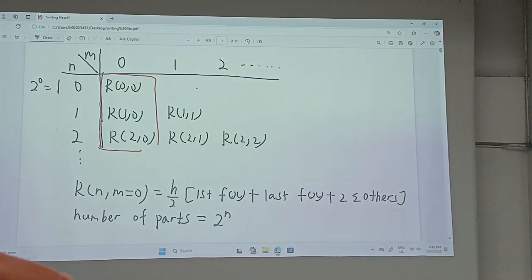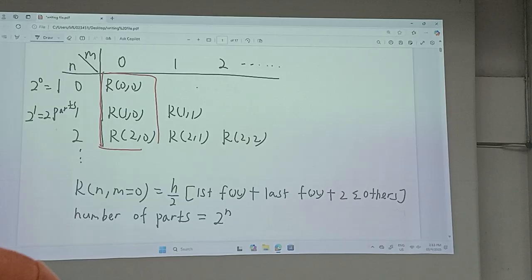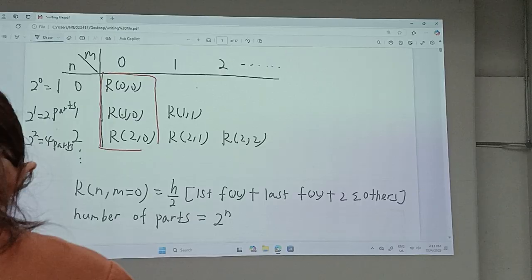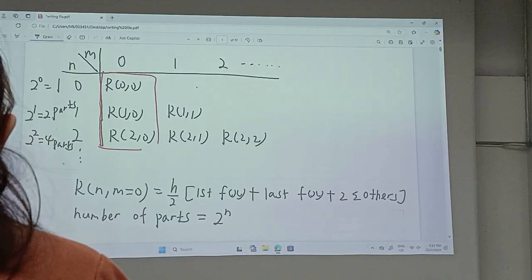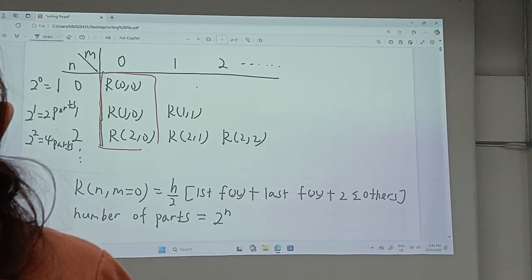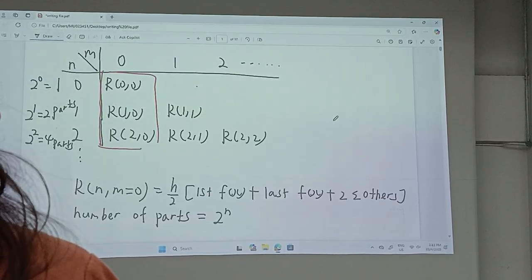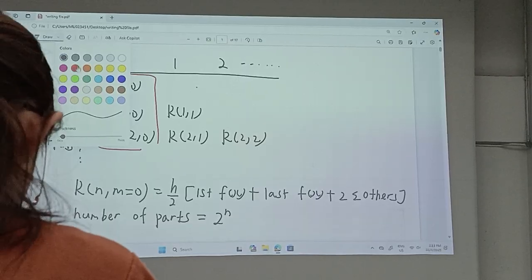When n equal to 1, divide into 2 parts. When n equal to 2, divide into 4 parts. So R00 we divide into 1 part, R10 divide into 2 parts, R20 divide into 4 parts. So let's find R00. Later on we'll go into an example of finding R00. Okay. Let's move on.